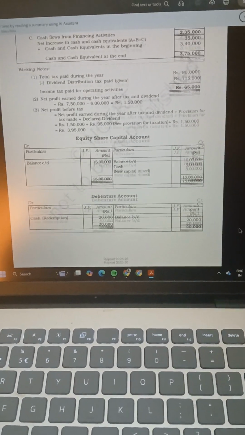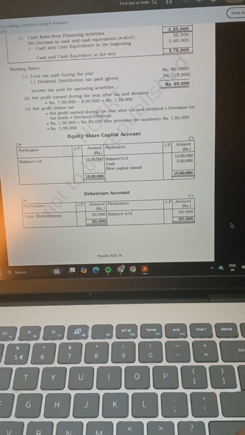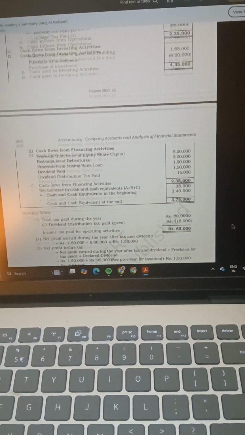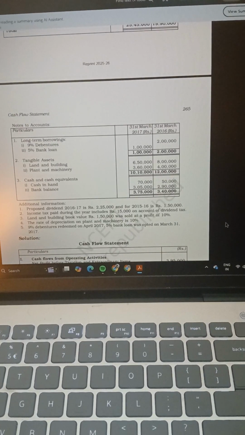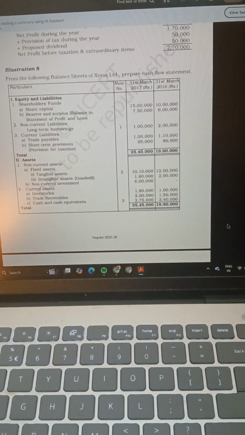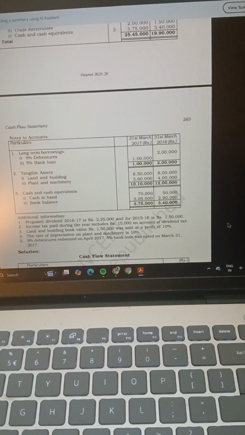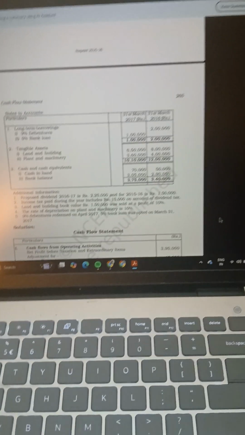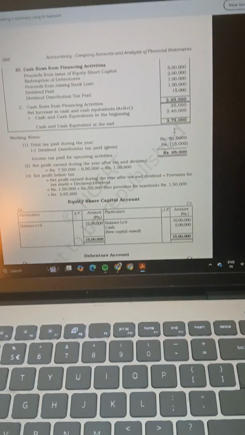Then we can move on to the preparation of debenture account. Same format is made. Let's look into the amount of the debenture in the question. Debenture, we can look into here. The note to accounts is made. The previous year, the 2016 debenture amount is given, 2 lakh, that is to be returned.